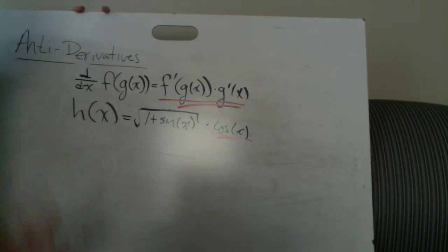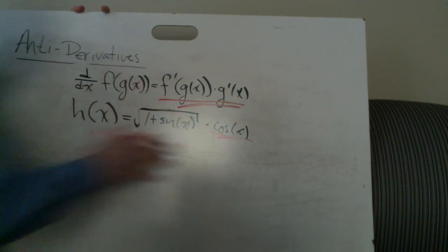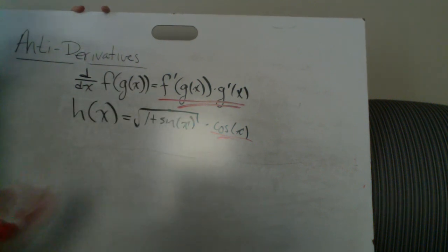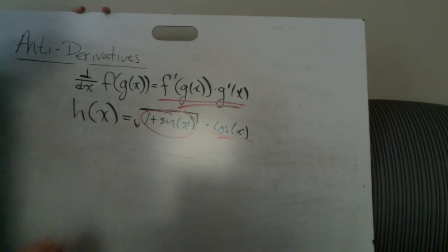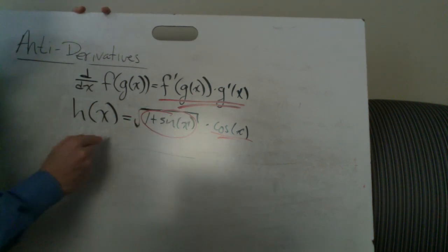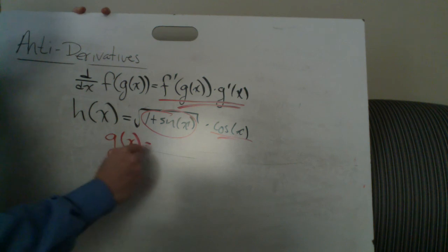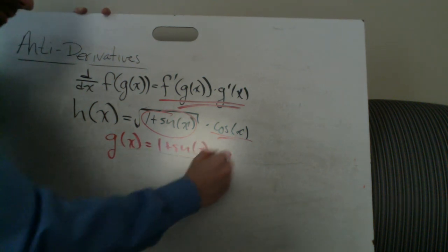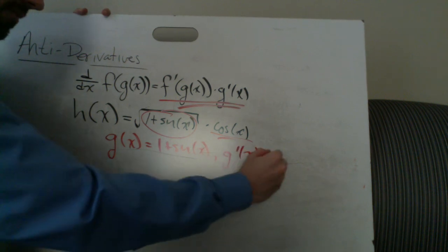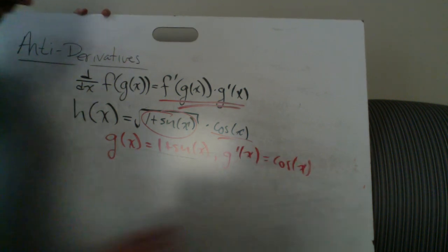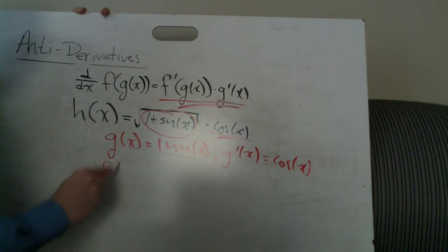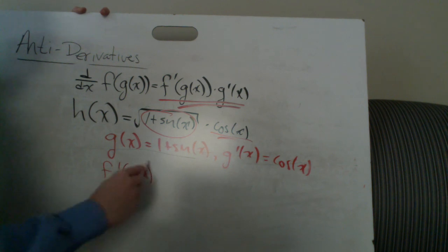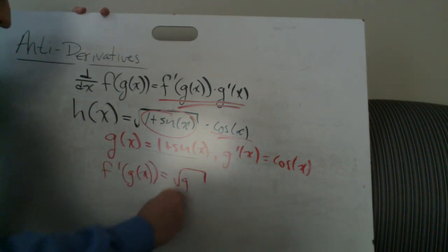And I want to find the biggest possible function written inside here whose derivative is cosine of x. Well, that's 1 plus sine x. So here we go. My g of x is going to be 1 plus sine x. My g prime of x is going to be cosine of x. That means my f prime of g of x is the square root of g of x.